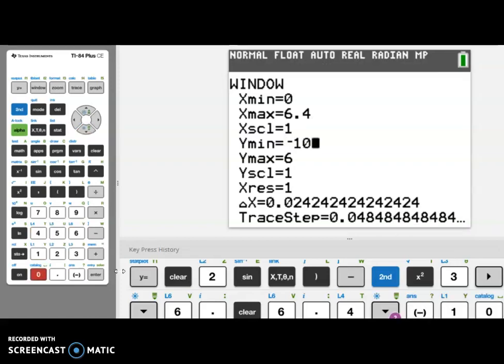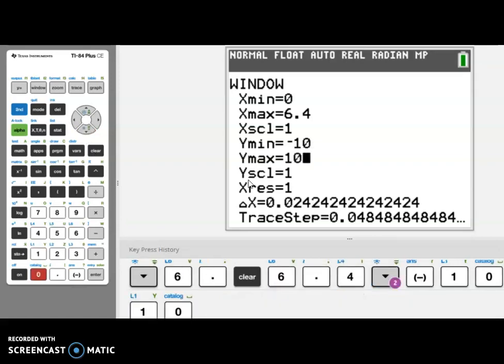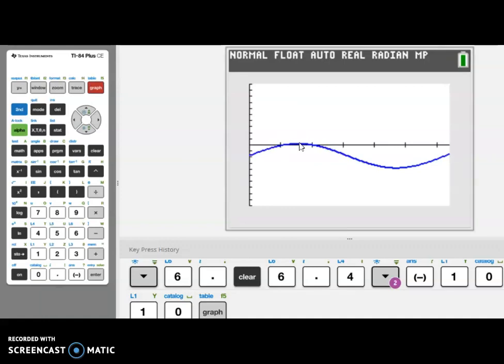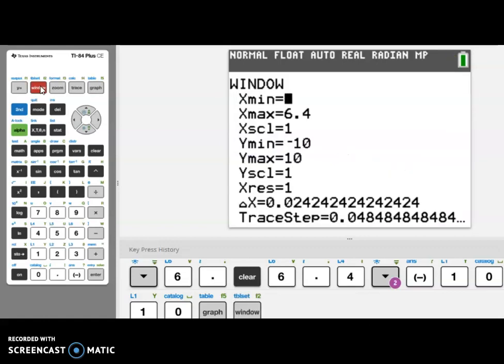Let's just reset that to the normal one, but if you have this adjusted, it shouldn't matter. These would be the standard settings for the window when you're graphing a trig function: 0 to 6.4, and then negative 10 to 10. We hit graph, and that's our picture. If you want to zoom in a little bit, you should be able to see where it's above and below. If you want to change your window, you can.